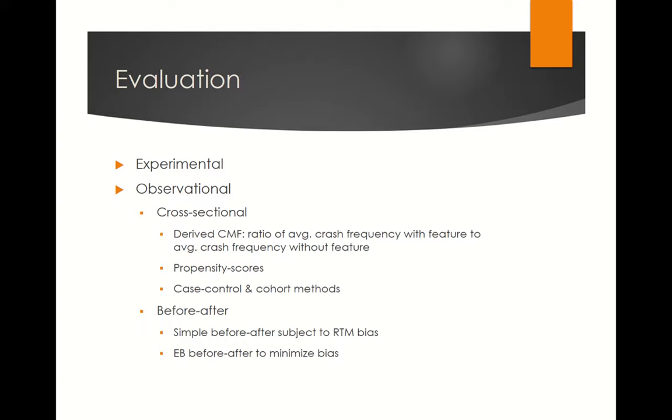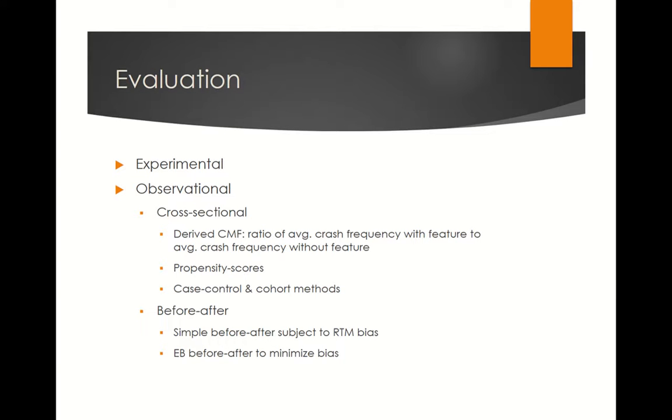More common is the observational, and there are some different approaches here as well. We can use cross-sectional or a before-after approach. We have used the cross-sectional, where we have looked at a control versus a cohort that has had the intervention, and also looked at the before and after.